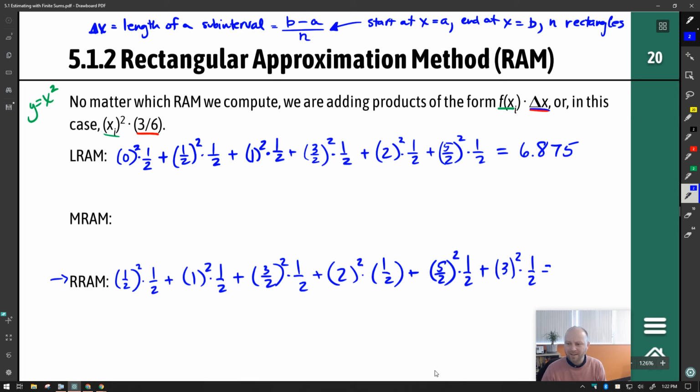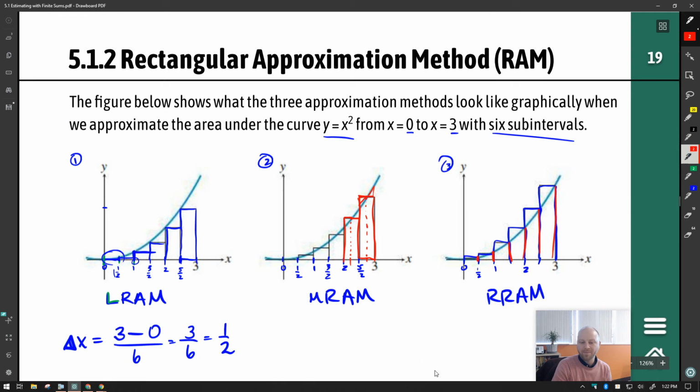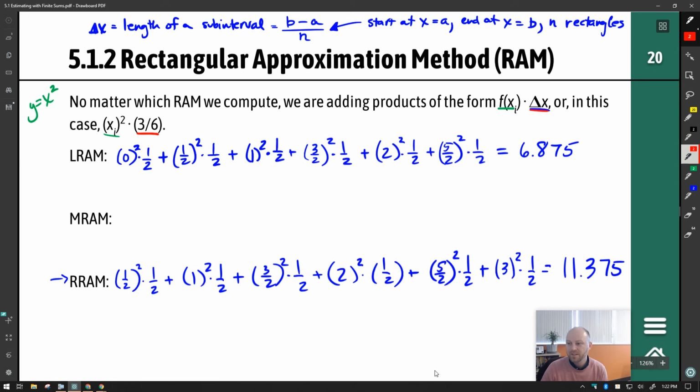And this one comes out to be 11.375. So at this point, we know from the graph that our LRAM is an underestimate and our RRAM is an overestimate. So here I'm just going to make a note. This one's under, this one's over. And we're guessing now the area under x squared from 0 to 3 is somewhere between 6.8 and 11.3.